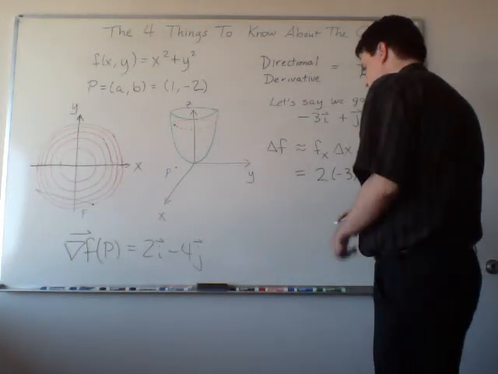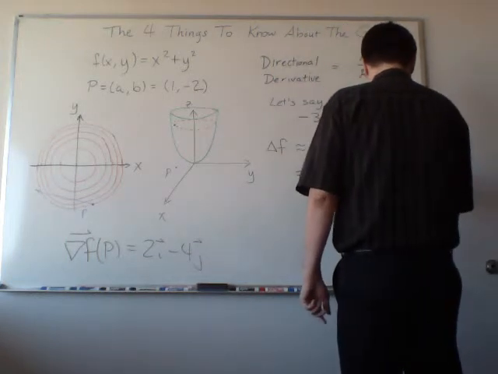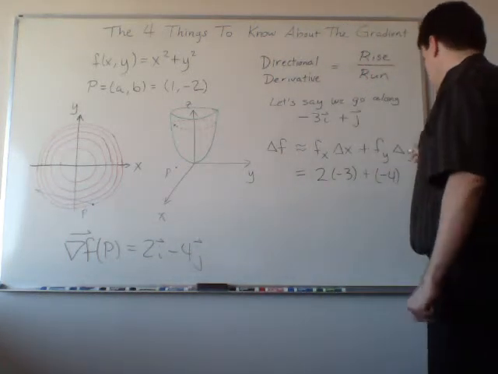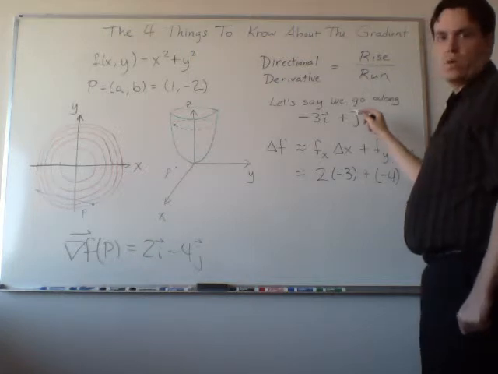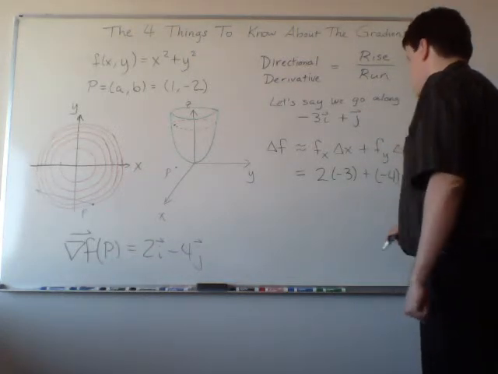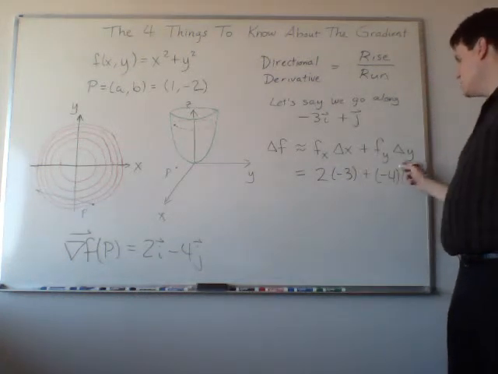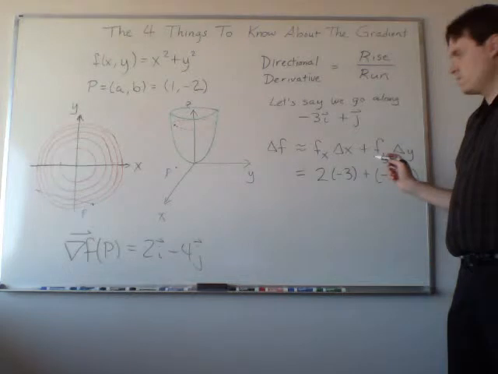My partial with respect to y can also be gotten from the gradient. It is negative 4. And then my change in y is the amount of travel I do in the y direction, which is plus 1. So my change in f is going to be 2 times negative 3 plus negative 4 times 1.